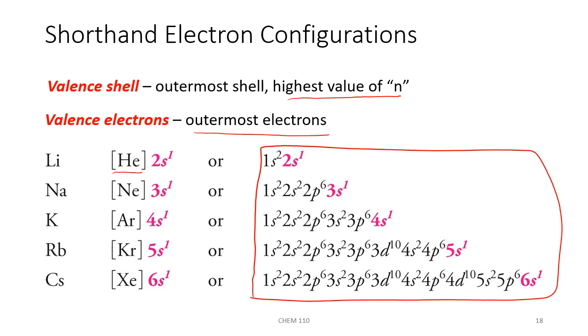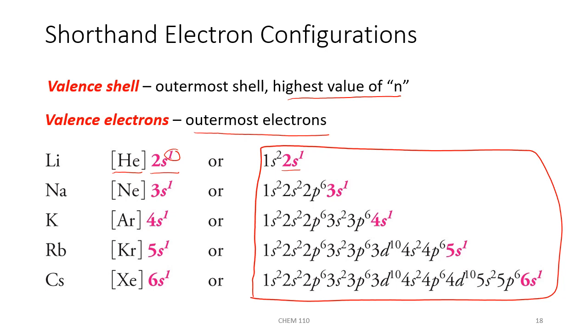And then after helium, there's only one electron, and that would be 2s1. So this 2s1 is still listed. We can quickly see that 2 is the valence shell, so n equal to 2 is the highest energy level where electrons live, and there's only one valence electron in that highest shell. We can quickly see that by looking at the shorthand method.